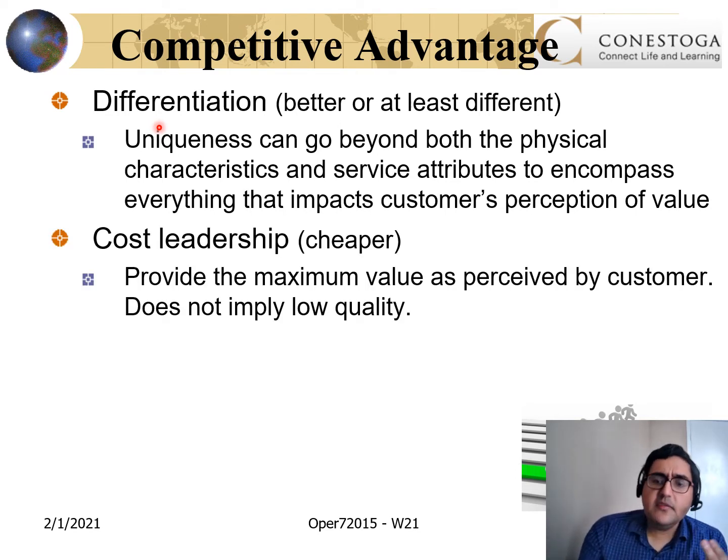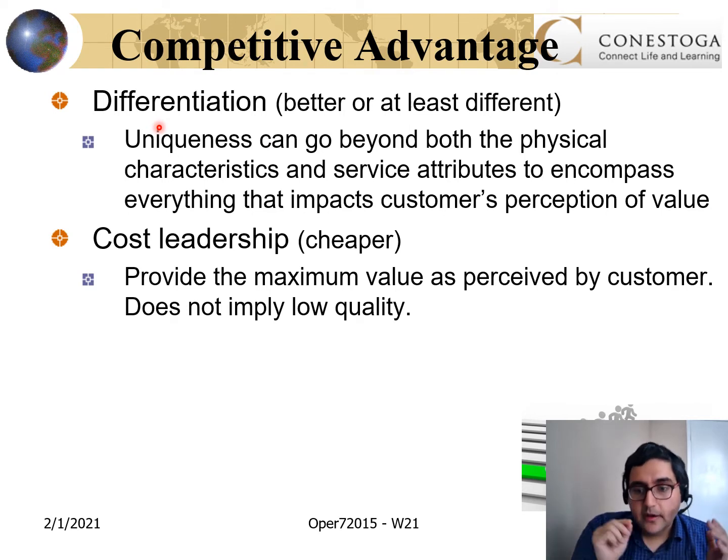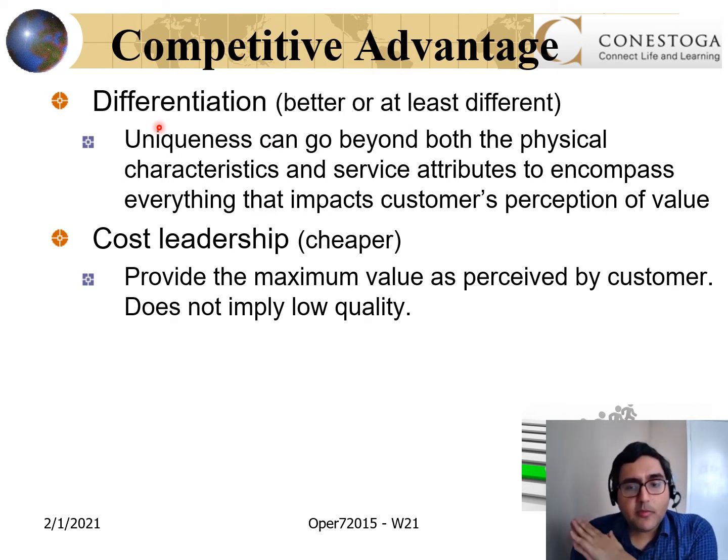Now, the second way in which companies can do it is through cost leadership. Cost leadership means they try to focus. Again, all the companies add value to the customer, but the value in this case is in terms of providing the materials at the lowest possible price. This is what, say for example, Walmart is focusing on.